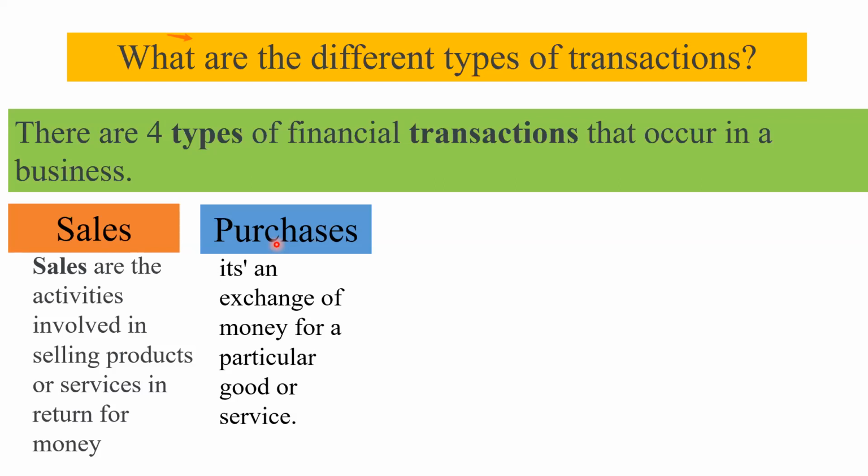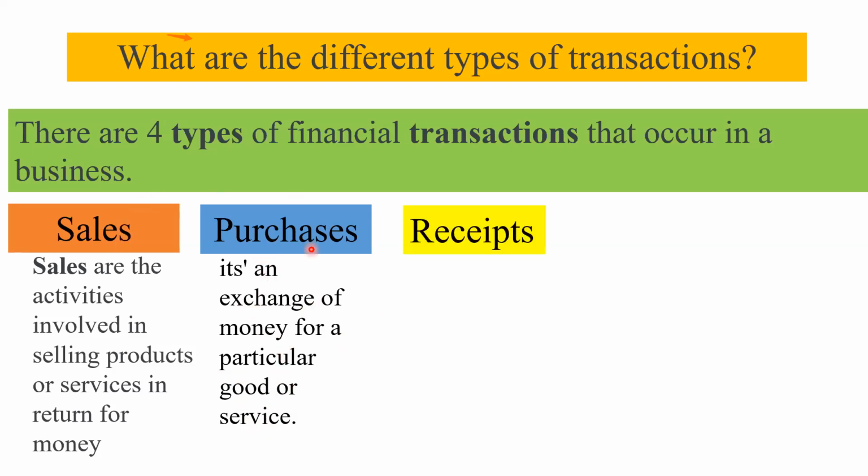Sales means you are selling a product and getting the money, or you are selling a service and getting the money. Purchase means you are paying the money and getting the parts. Here, that is an exchange of money for a particular good or service. You can get goods also, or it can be a service also. That means as a company, you are going to pay the money. Be very clear. Sales you should be clear and purchase you should be clear.